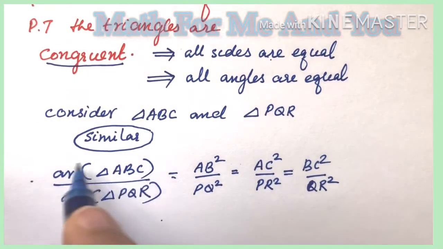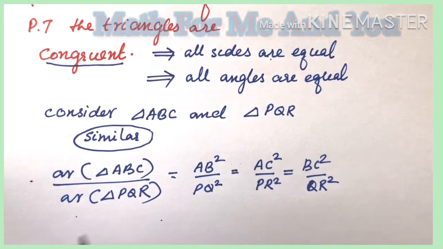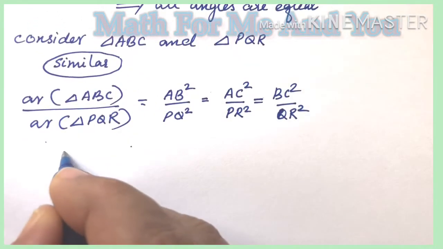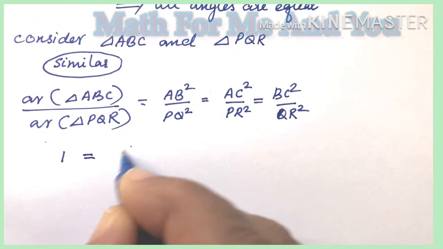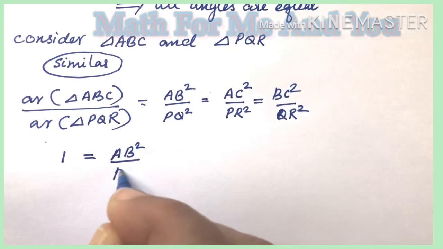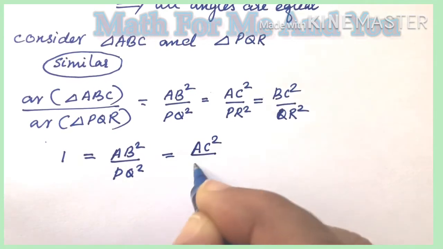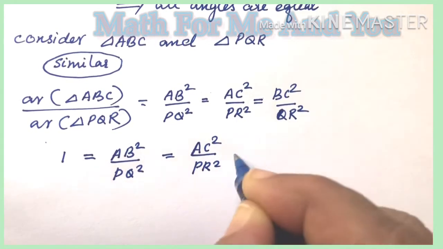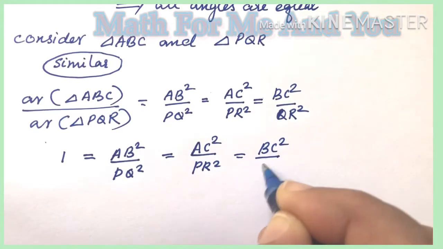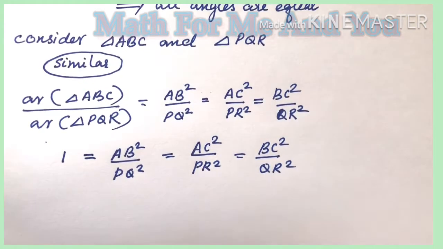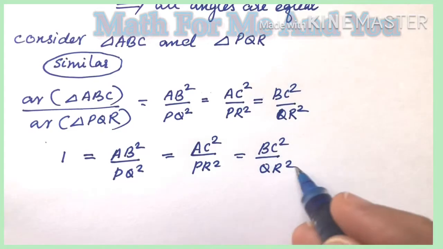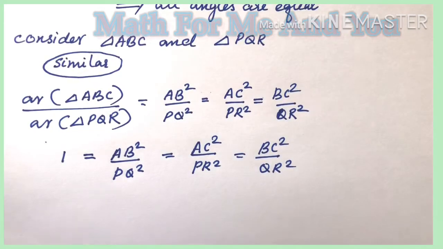But in this particular question, it is given the areas are equal. That means when we take the ratio, we get 1 because numerator and denominator are the same, they cancel. So 1 is equal to AB square by PQ square, which is equal to AC square by PR square, which is equal to BC square by QR square. And when we take the square root, what do we get?